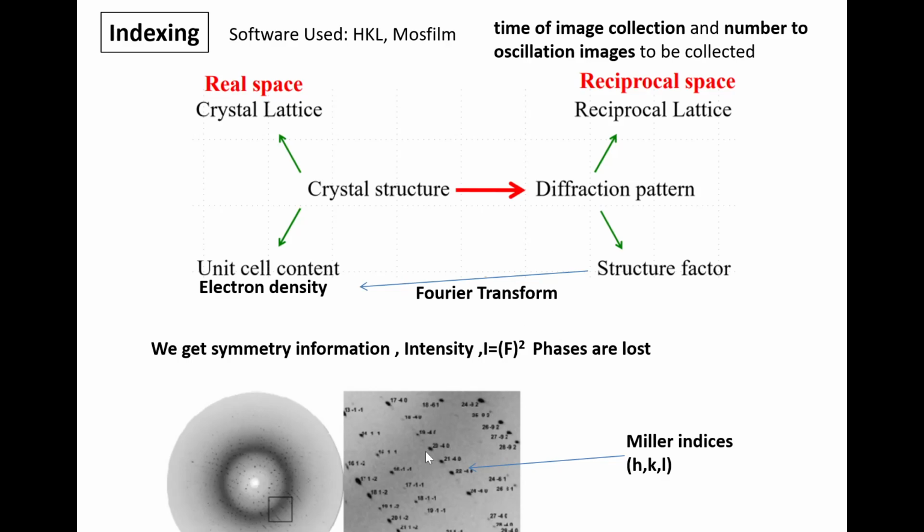But how these spots are connected to one another, that information is given by your phase, and that phase is lost if you follow this simple procedure. That is the famous phase problem. We will look into it mathematically as well, why these phases are lost. Hold on for some minutes, we will discuss that.